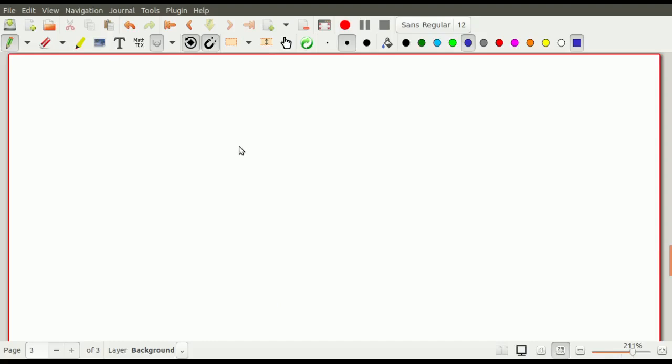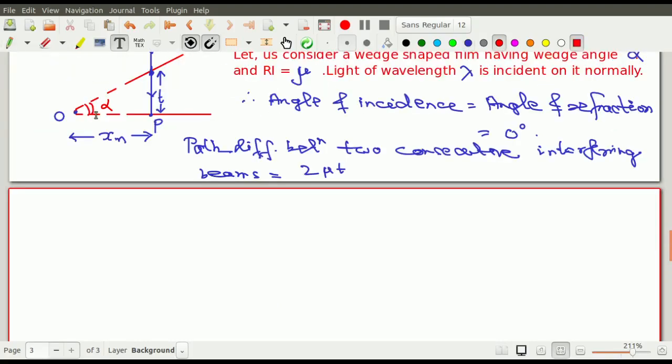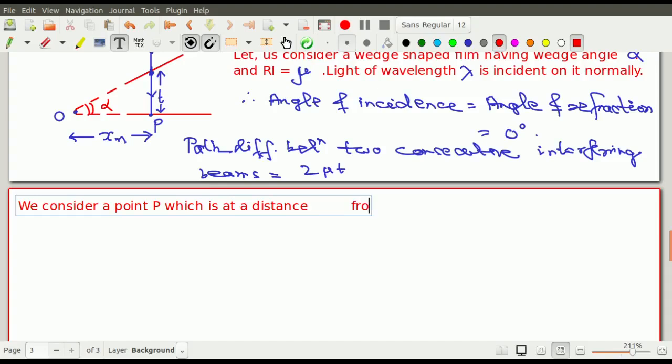We consider a point capital P which is at a distance xn from O, and suppose it to be a bright point.